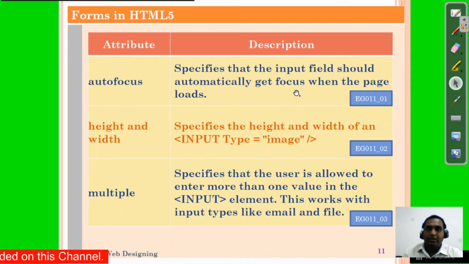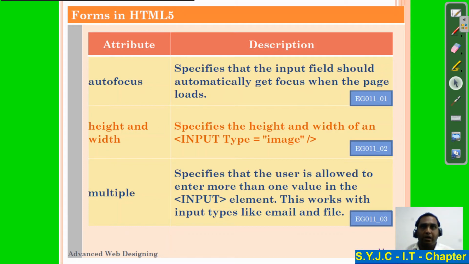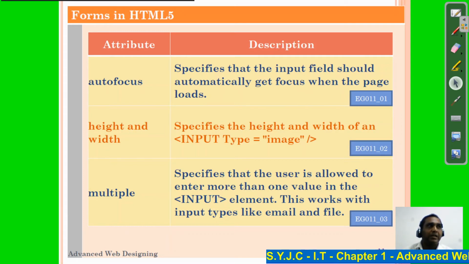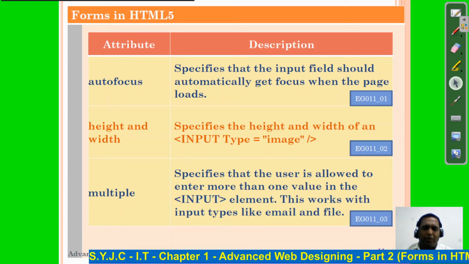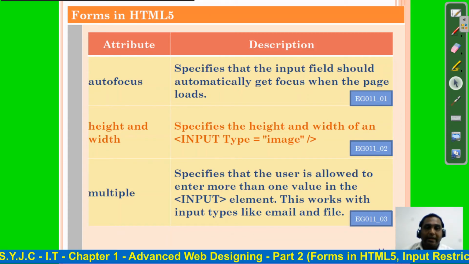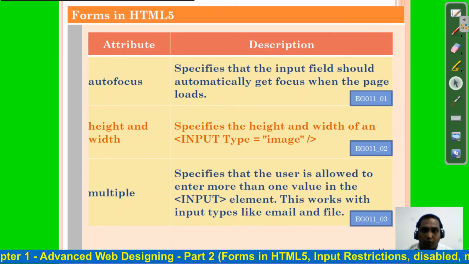Cursor means, if you want the third text box in a form, there may be 5 text boxes, and when the form starts you want the cursor on the third text box. That means when users start typing, it should be typed in the third text box. Then we make it an autofocus.